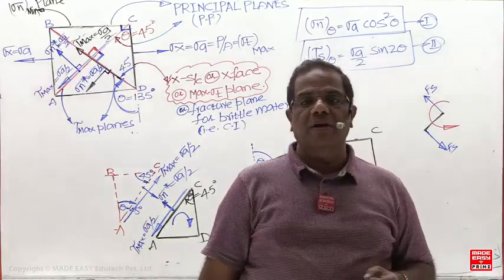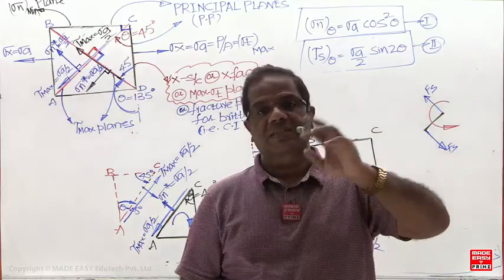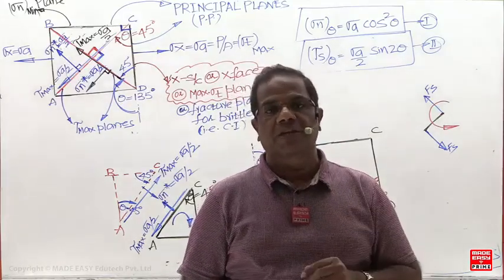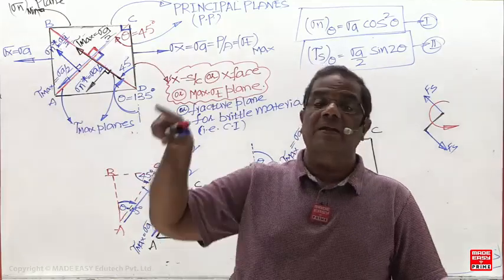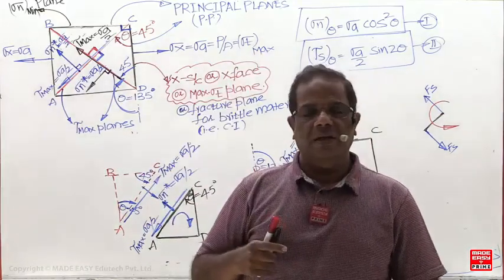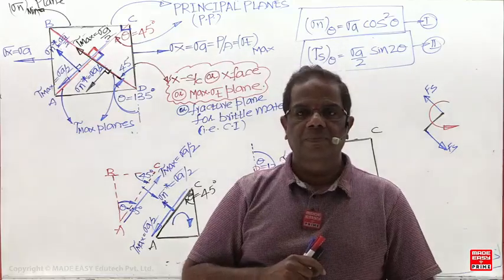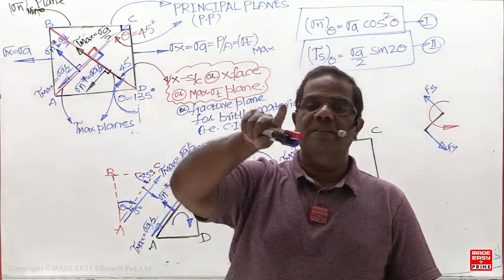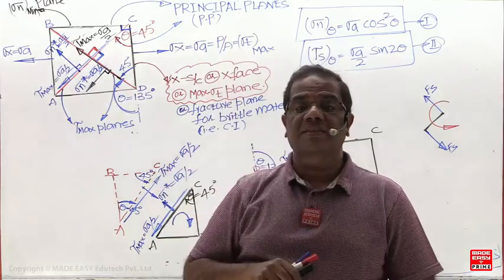But on the remaining planes, both normal and shear stress will be there. On the tau max plane, do you get normal stress or shear stress or both? Both are there. But shear stress is maximum, while normal stress is not maximum. So what is the specialty of the principal plane? At a point, how many planes did you study yesterday?